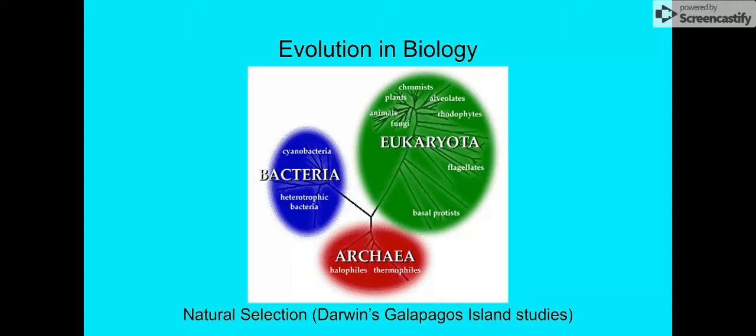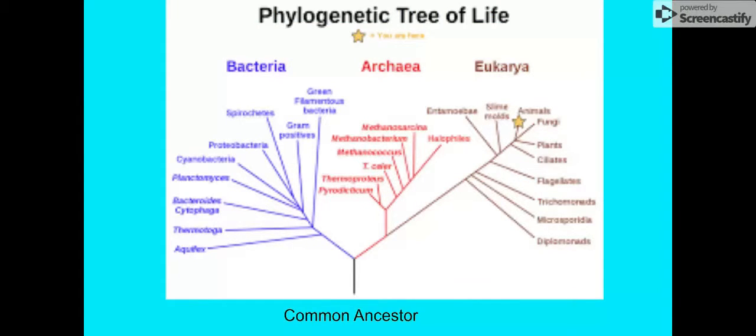We just talked about that, so if you don't really understand it, you can go back in your book and look at that one. Each species is just one branch on the phylogenetic tree of life that is shown here. We all came from a common ancestor, and all the species are shown in the picture.